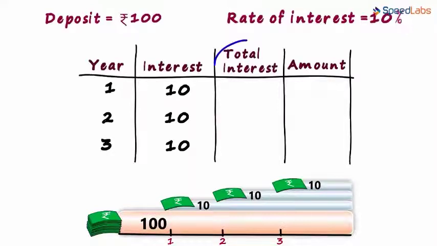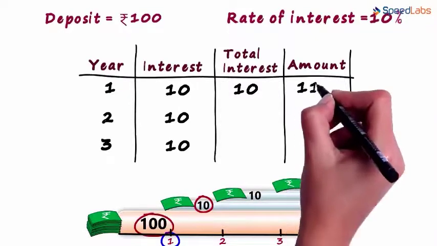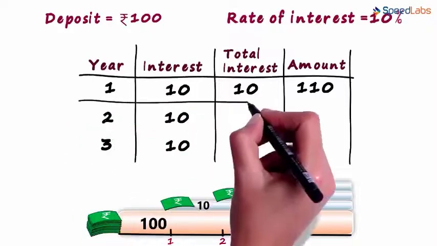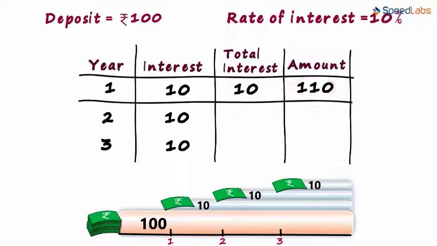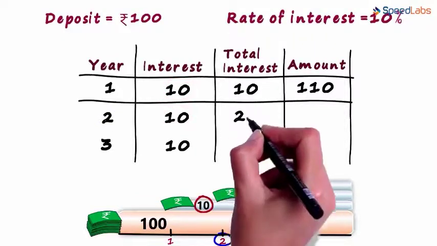Now let's look at the total interest column. If you would have taken the money out in the first year, you would have got an interest of 10 rupees. And the amount you would have received is 110 rupees. Remember, amount is the sum of the principal and the interest. If you would have taken the money out in the second year, you would have got 10 plus 10, which is 20 rupees.